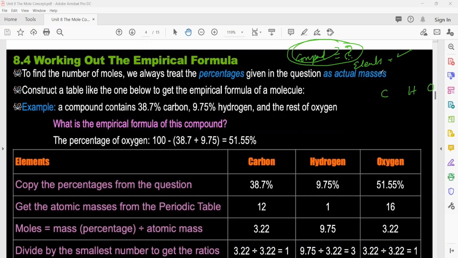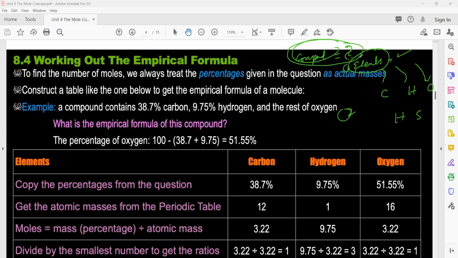Inside that compound, which elements are there? Carbon, hydrogen, oxygen. Maybe they can say there is a compound with hydrogen and sulfur. So they can give you any elements. And then first thing, what will they give you? Elements. Number two, they will tell you the percentage of each element.